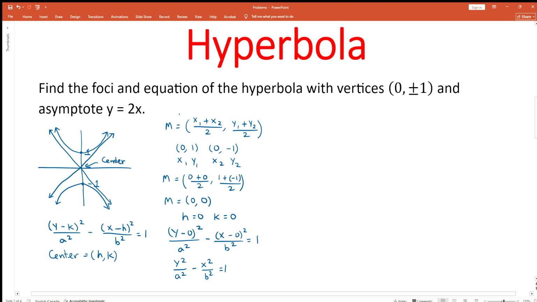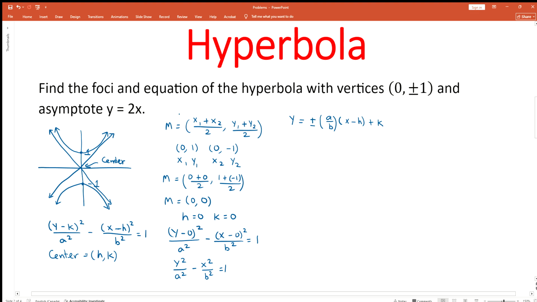For a hyperbola with curves above and below each other, the general equation of the asymptotes is y equals plus or minus a over b times (x minus h) plus k. The difference between the equations of the asymptotes of a hyperbola is the slope of the asymptotes.